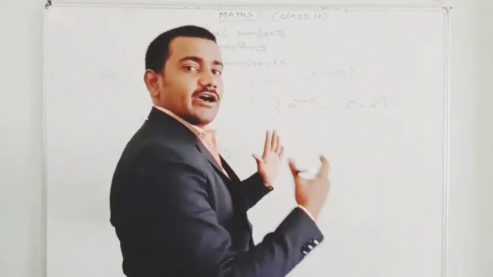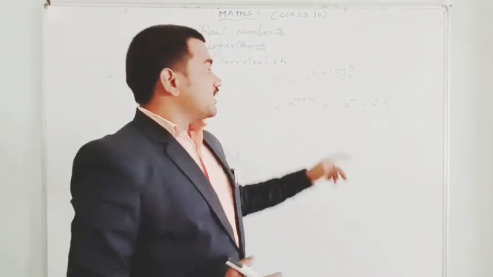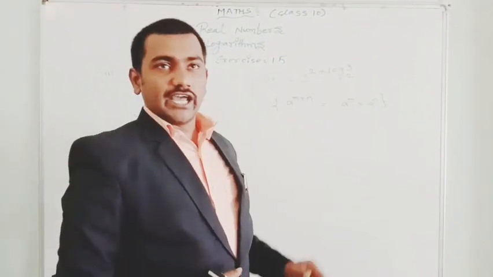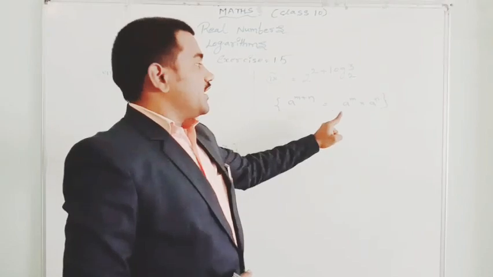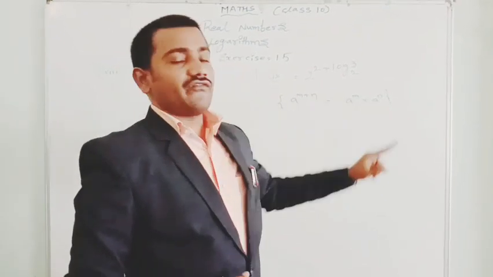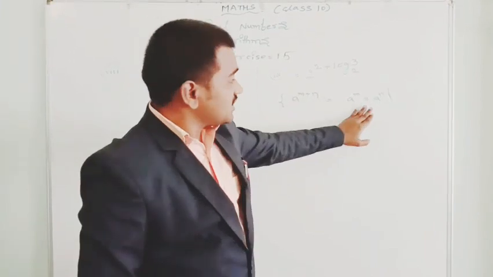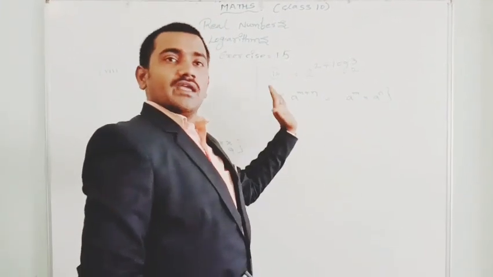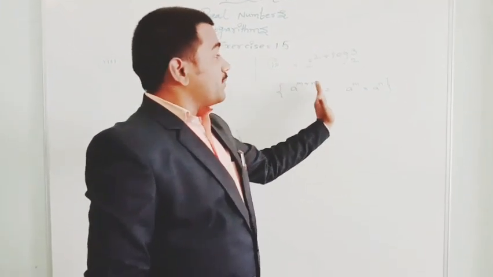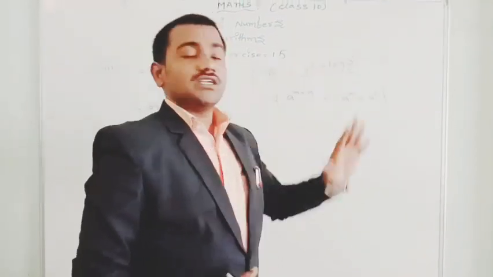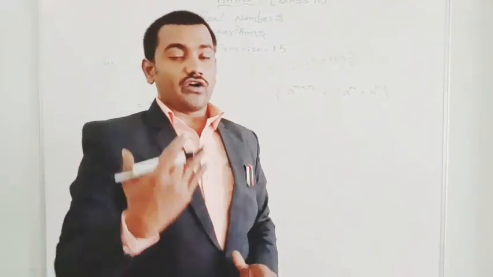We have learned these kinds of problems actually. So a to the power of m plus n can be changed into a to the power of m into a to the power of n, and vice versa.